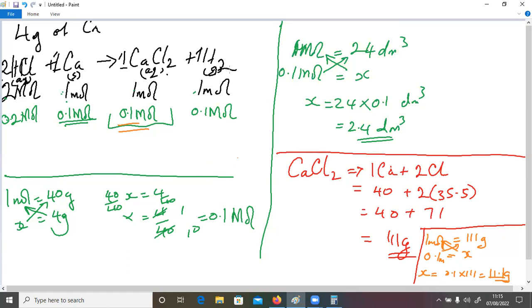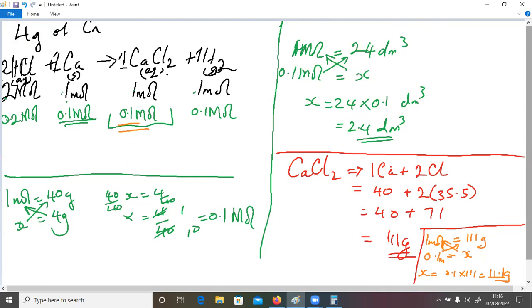So the most important thing in this kind of equation is to realize what is the limiting substance, because the limiting substance is the one which is going to control what you produce and the masses that will be produced always.